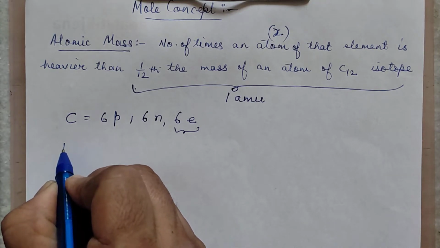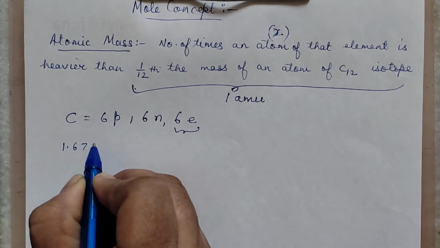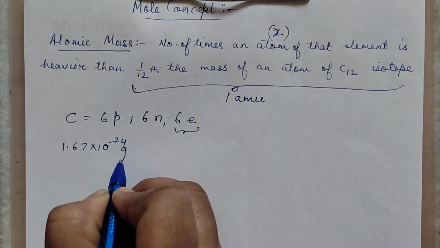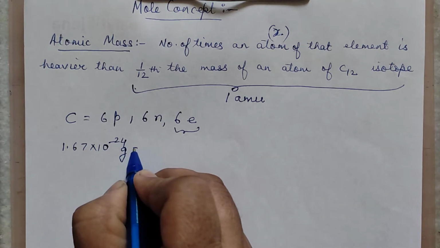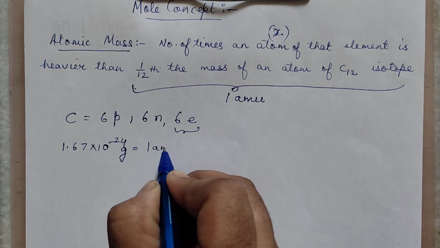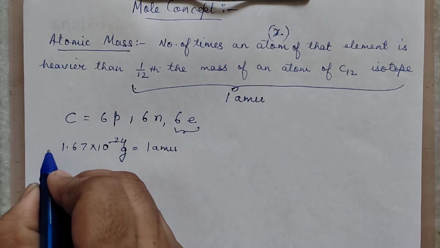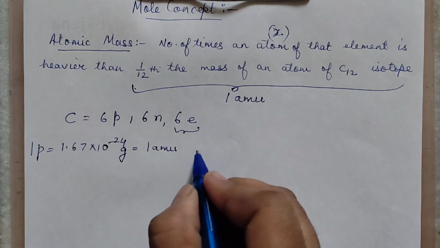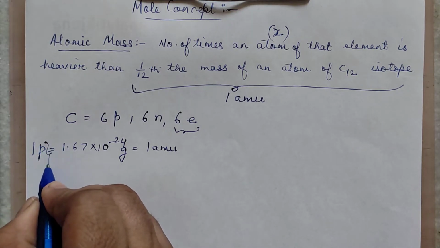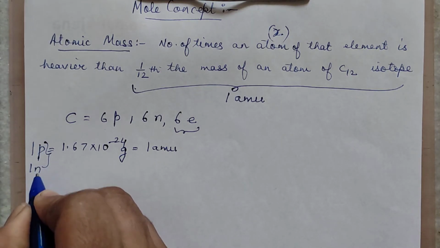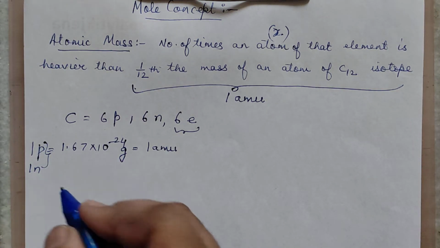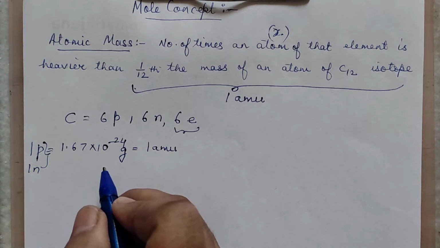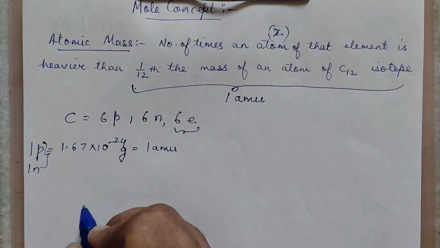We know the mass of one proton is 1.67 into 10 to the power minus 24 grams, which is also equal to 1 AMU. Almost similar is the mass of one neutron also. Neutron and proton both have almost similar mass, 1.67 to 1.675, like that a small difference is there. We are taking almost this much.